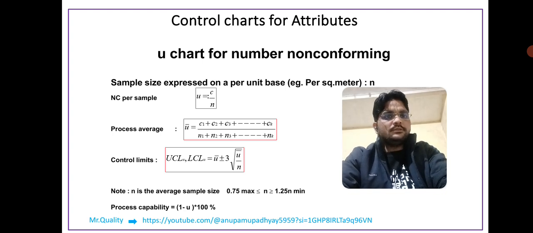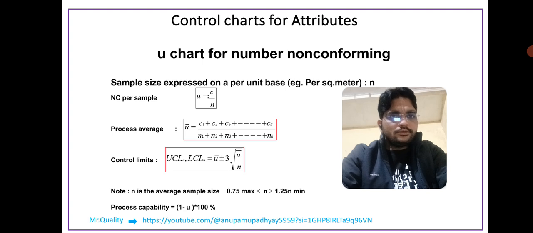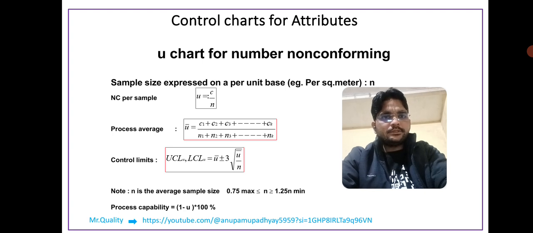Control limits: the upper control limit is U bar plus 3 under root U bar divided by N, and the lower control limit is U bar minus 3 under root U bar divided by N, where N is the average sample size.